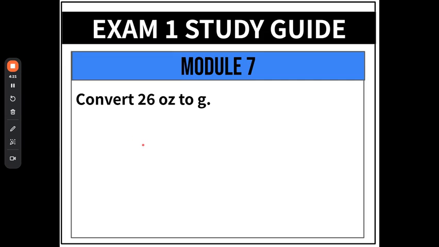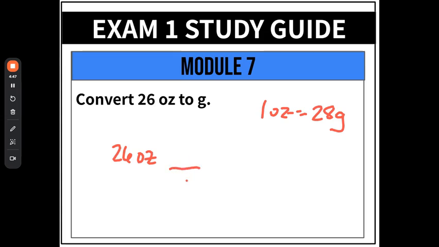Convert 26 ounces to grams. Okay, so we'll start with 26 ounces. And again, we can look at our conversion chart. And I'll write this one up here for you. But it says 1 ounce equals 28 grams. I'm so thankful for conversion charts.